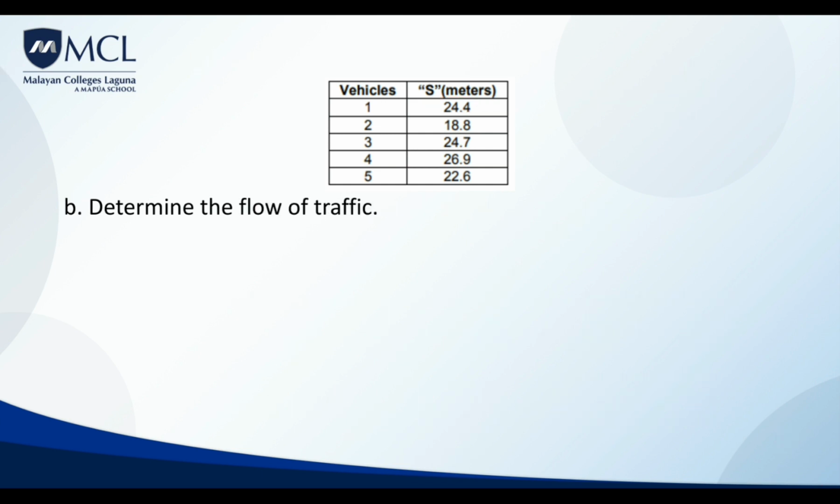Next item, of course, determine the flow of traffic. Okay, so guys, to solve for the flow of traffic, we know that the flow of traffic tells us how many vehicles are there per unit of time. So guys, ilan bang vehicles yun nandito? There are 5 vehicles, right? And ano yung time ulit? Diba 2 seconds per each?